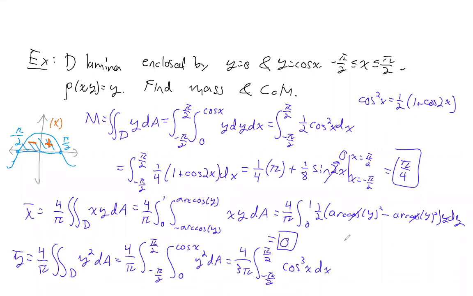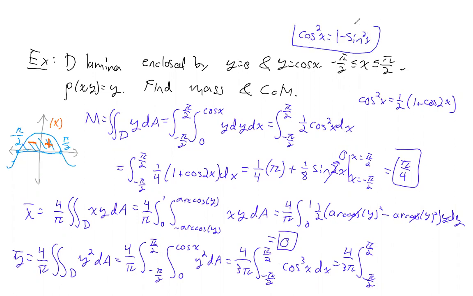And cosine cubed is a little bit frustrating to deal with, but it's not dreadful. You're basically going to have to use some kind of trig identity, and in this case, the trig identity we're going to use is quite clever. So this is 4 over 3 pi, integral from negative pi over 2 to pi over 2. I don't really have much room to write this, so I'm going to write it up here. Remember that cosine squared x is also equal to 1 minus sine squared x.